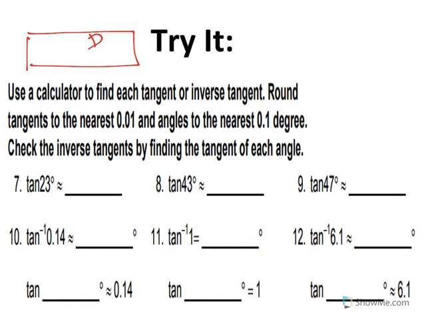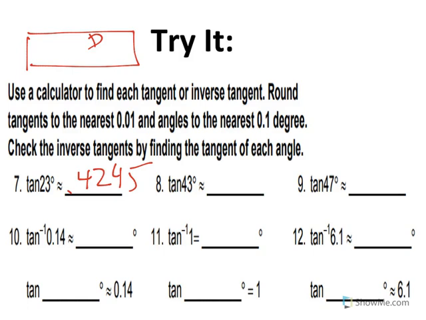Right, so for number 7, we want to find the measurement for the tangent of 23 degrees. You just use your calculator, type in tangent and the number 23. So this gives us 0.4245. Usually when we work with tangent, we always carry out to 4 decimal places.